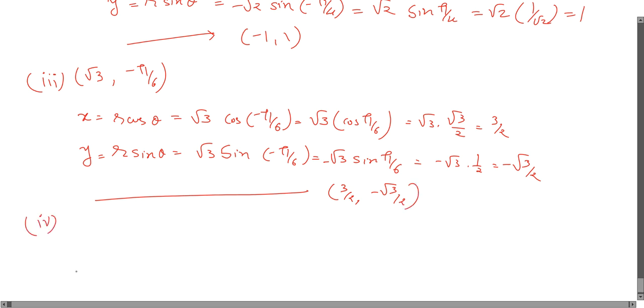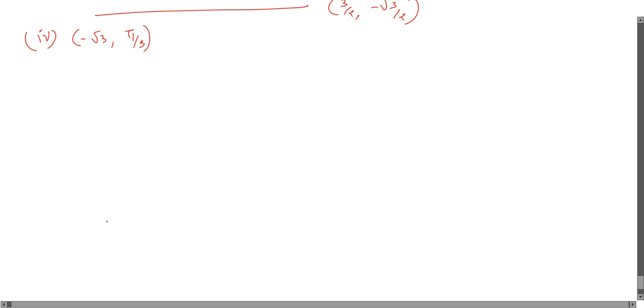Let's take the similar last problem from the same question, that is (minus root 3, pi by 3) is given and convert to Cartesian form. So your x is r cos theta, that is minus root 3 cos pi by 3, and cos pi by 3 is 1 by 2.